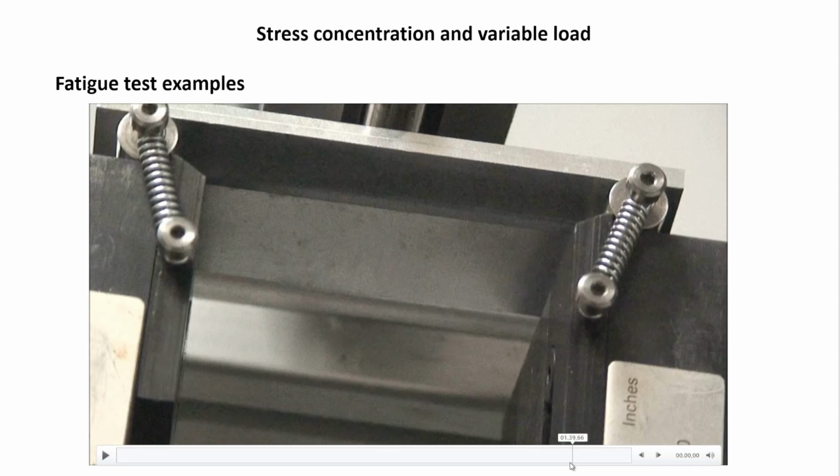This has a sound, so I will try to decrease the sound while I start describing what's happening here. This is found on YouTube, and I want you to focus on this area here. This is an aluminum beam, a square beam.